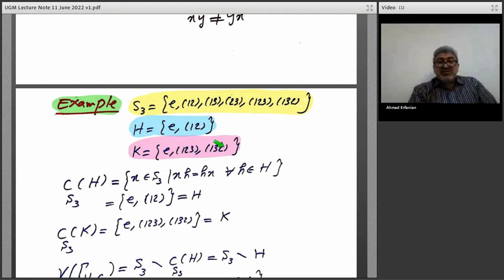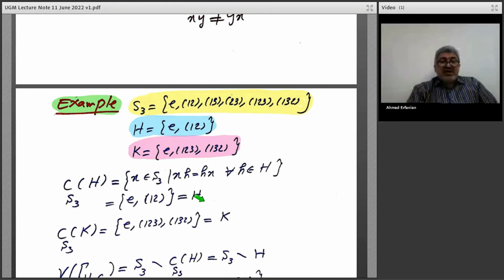So H consists of 2 elements, the identity and the transposition (1 2), and the subgroup K consists of 3 elements, the identity and the cycles of length 3, (1 2 3) and (1 3 2).